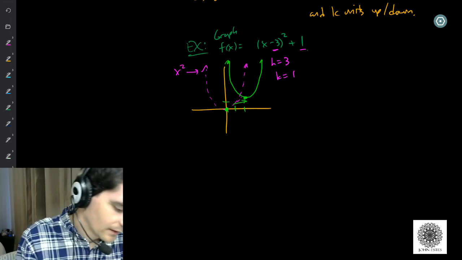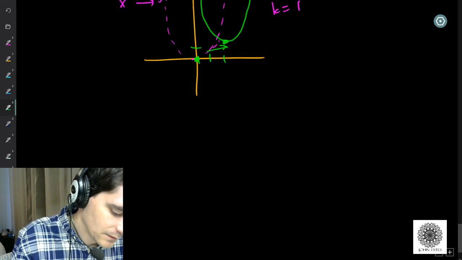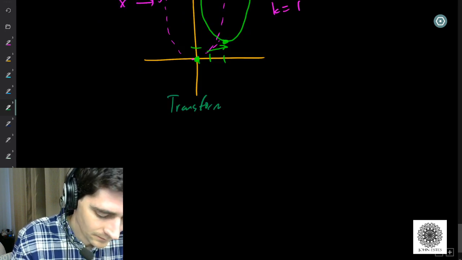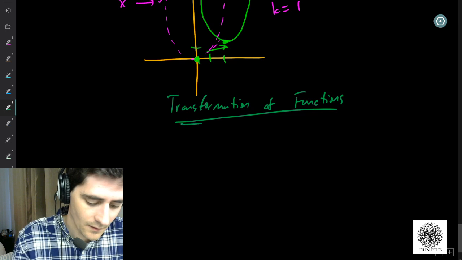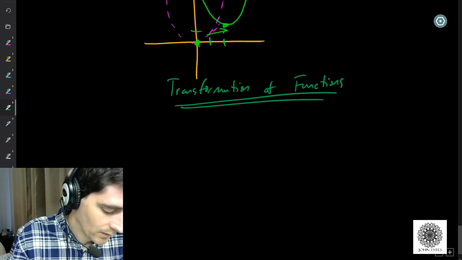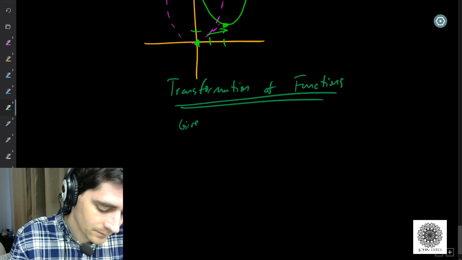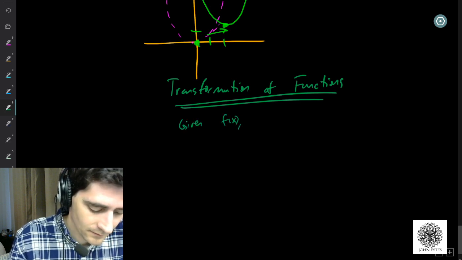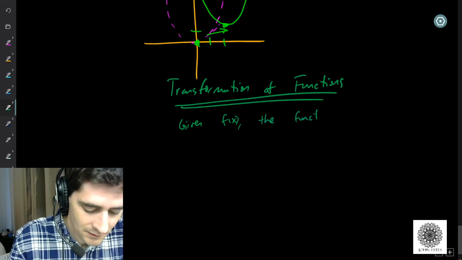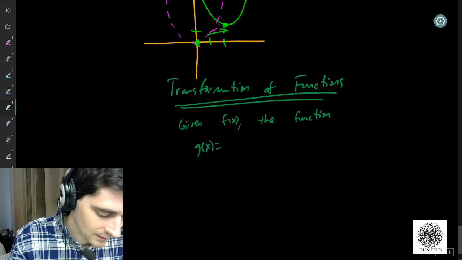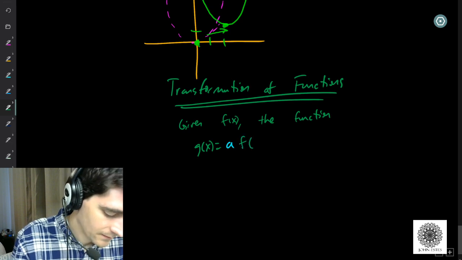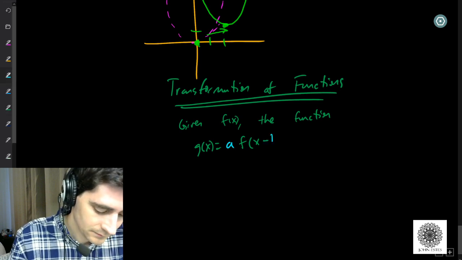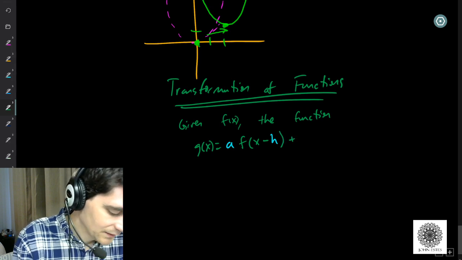Okay, so let's say it this way. A transformation of functions: given f of x, the function g of x equals a f of x minus h plus k.